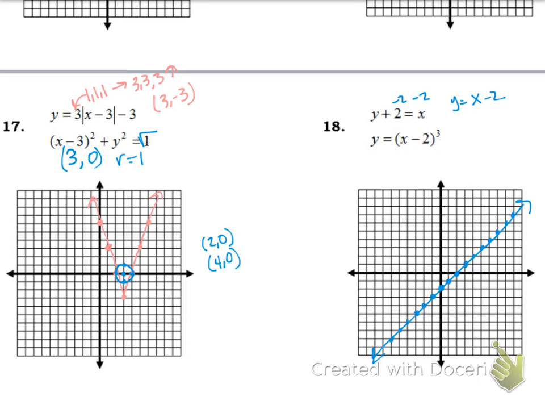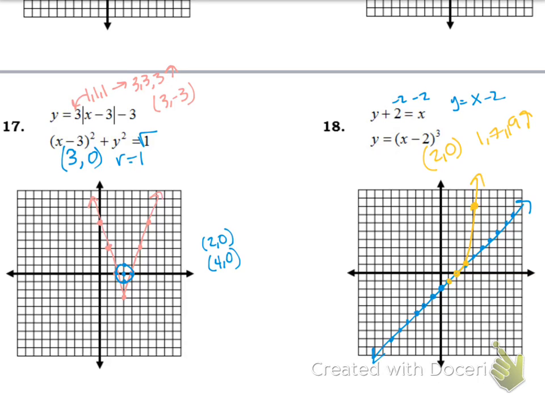Alright, my last one, we got cubic, so it's going to be at 2, 0. 1, 7, 19, up, right 2, 0, so that might be where it's hitting at, is right there. That's one of them. Okay, then I go right 1, up 1, there's another one, right 1, up 1, 2, 3, 4, 5, 6, 7, left 1, down 1, so there's 3 spots.